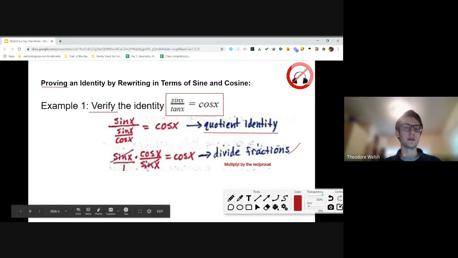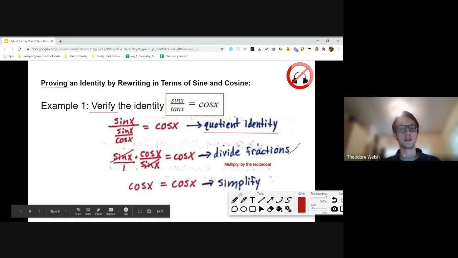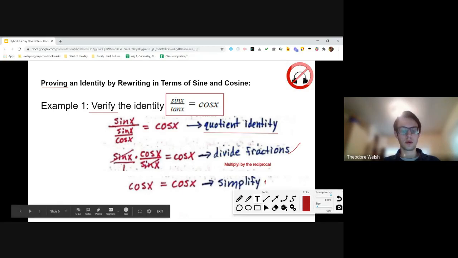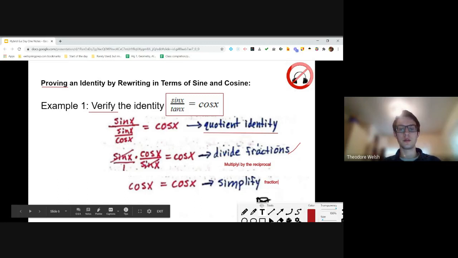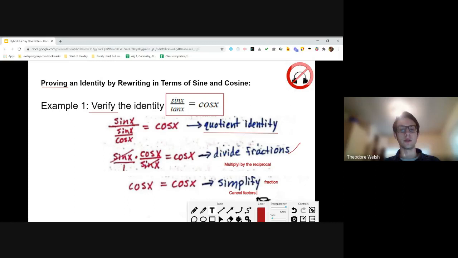So I'm multiplying by cosine over sine. And in my next step, I'm canceling out those sines. So we can just say simplify fraction, or cancel factors. So canceling factors of sine. Anything just to describe what's happening.